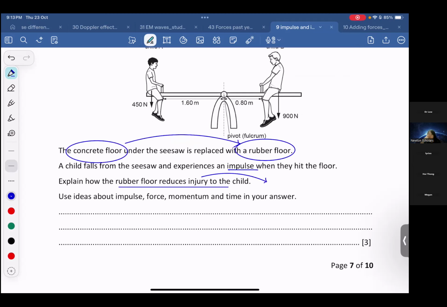Reduce injury: what are you trying to reduce? Crystal, good job. Emily, good job. Teresa, good job.